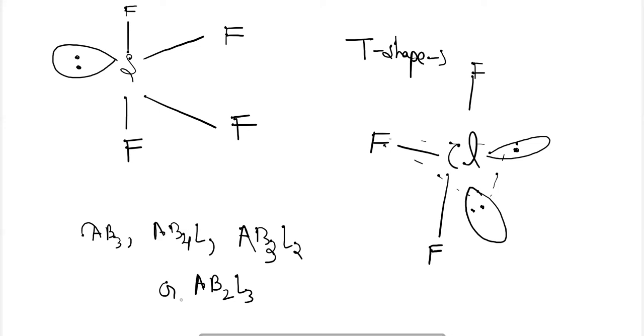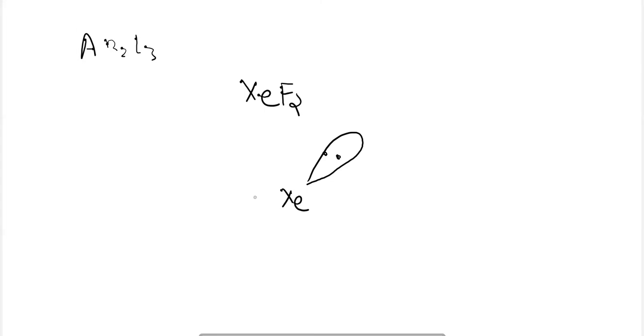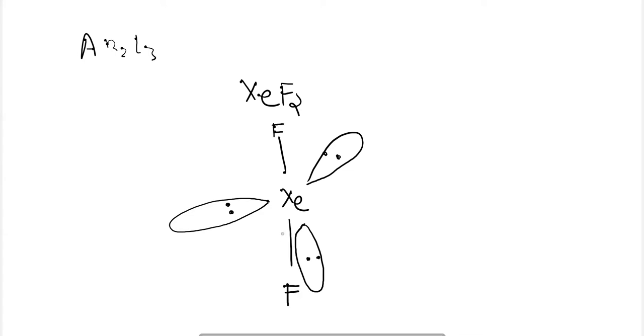Now moving further, let's see the next type of structure, that is AB2L3. For AB2L3, the example is xenon difluoride. So here xenon possesses three lone pairs which repel each other to form a planar triangular structure like this, and one fluorine atom above and one fluorine atom below, okay, making a 90-degree angle with the xenon here.